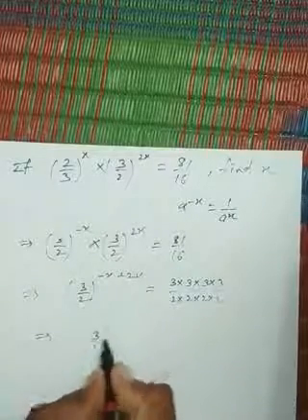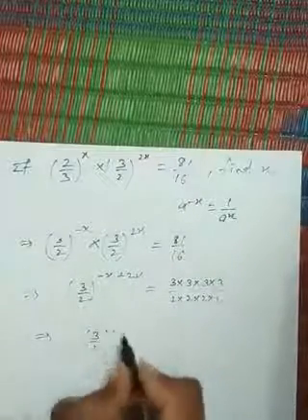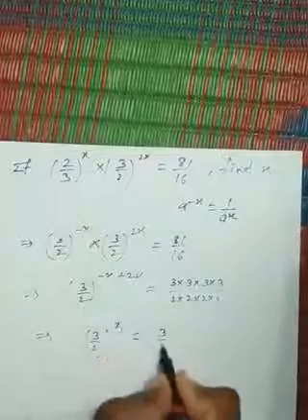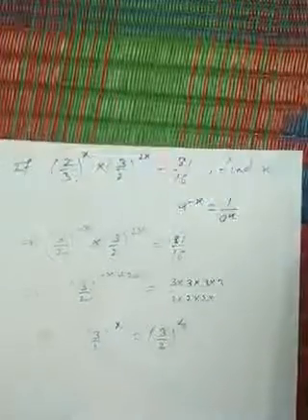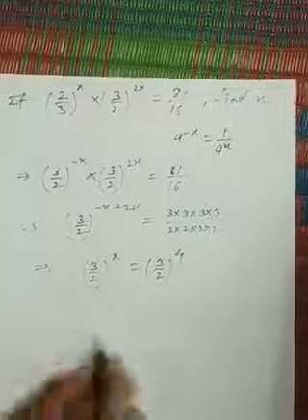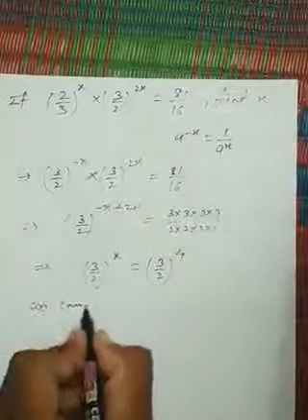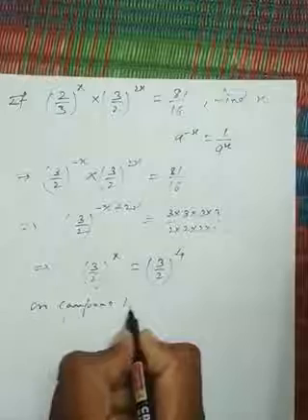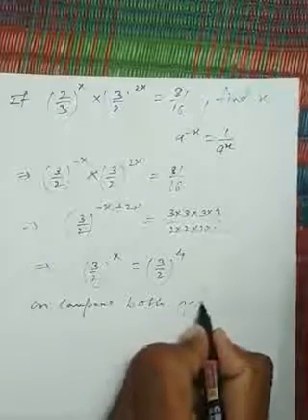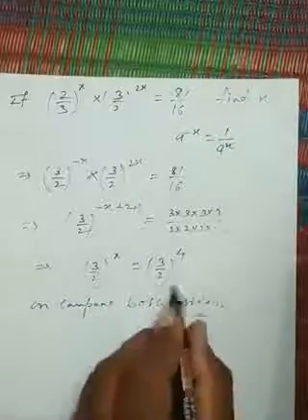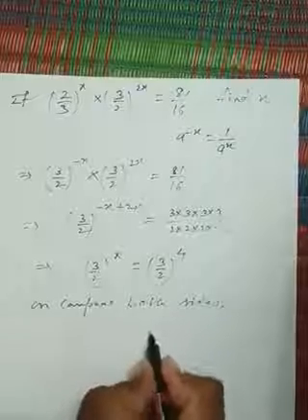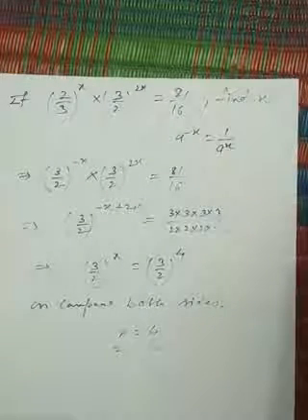So 3 by 2 to the power 2x minus x is x, and here 3 by 2 to the power 4. Again on comparing both sides, here bases are the same, so powers will be the same, so x equal to 4.